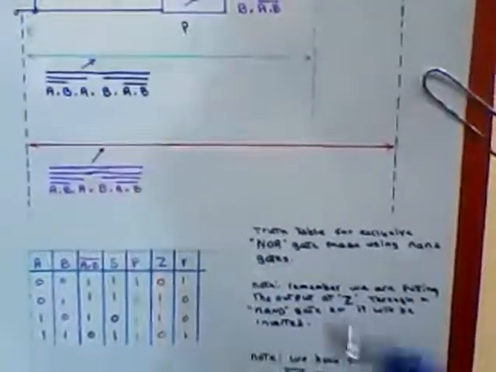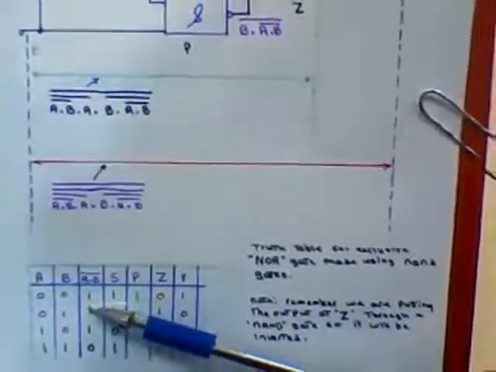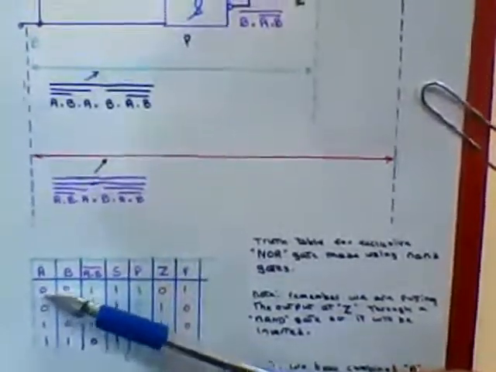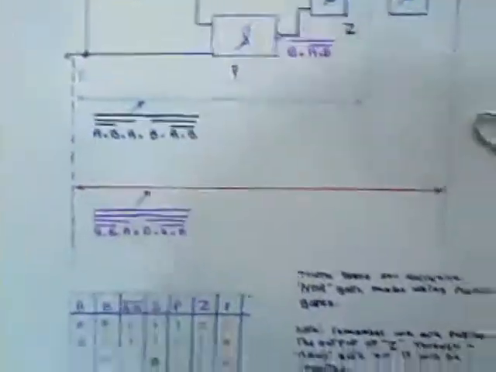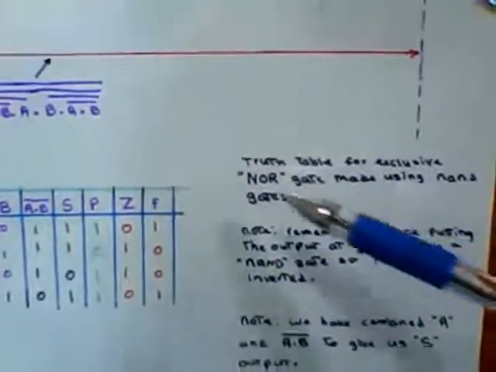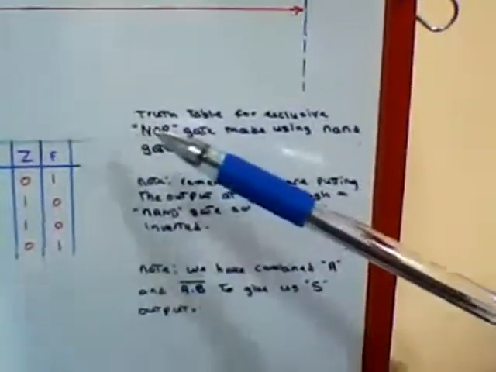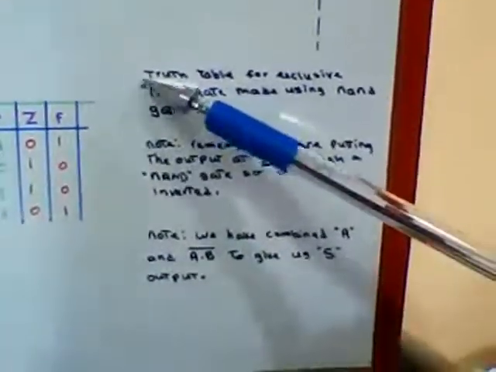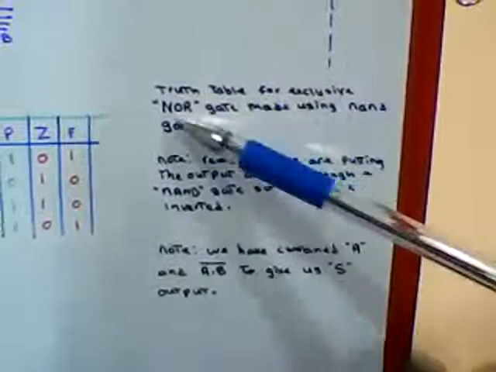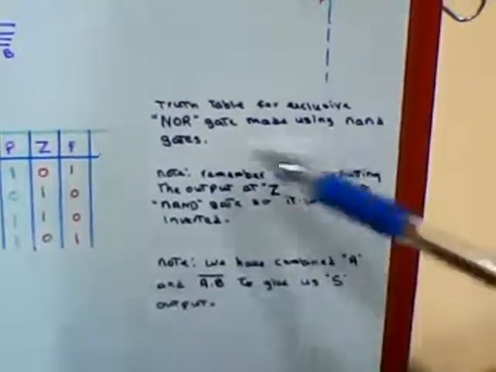Now here's what we call your truth table, okay? And you can see here, let me just get in a little bit closer. Now, let me read this first to you. Truth table for exclusive NOR gate made using NAND gates.